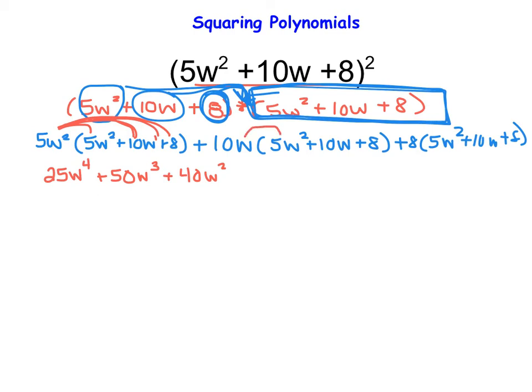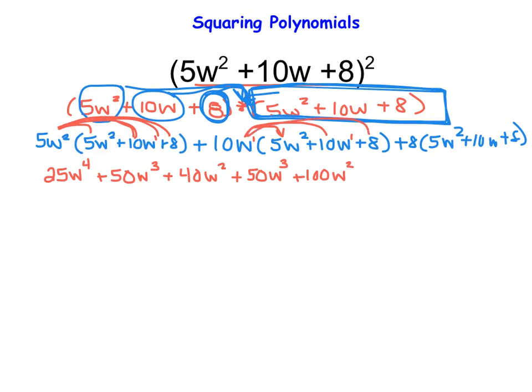Then from here I move on to the next set. So I have 10w times 5w squared. 10 times 5 gives me 50. W to the first times w squared gives me w cubed. 10 times 10 gives me 100. W to the first times w to the first is w squared.